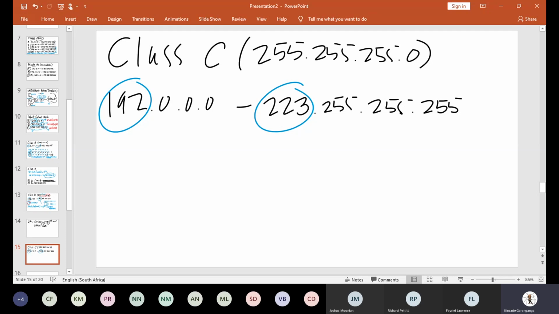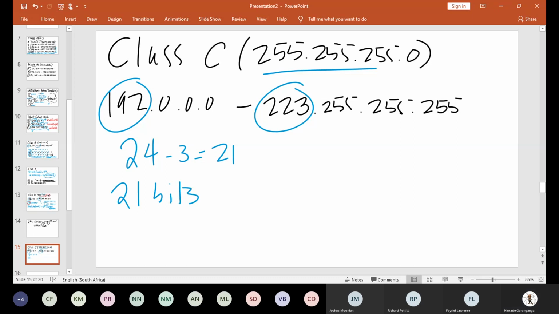And like I said before, your three leading bits are then incorporated as far as basic representations are concerned. So instead of having the initial 24-bit representation there as far as your networks is concerned, you've got the 24 minus the 3, which means that you've got 21. So as far as our 21 is concerned, 21 bits for the network.